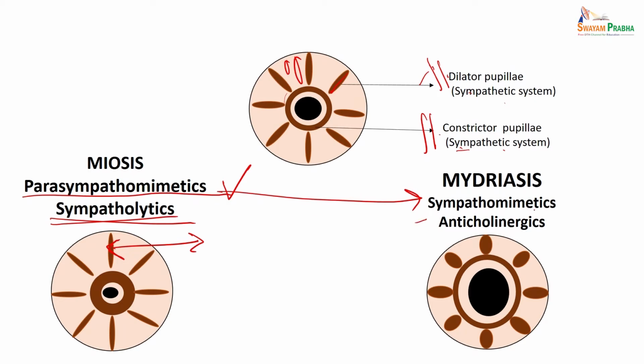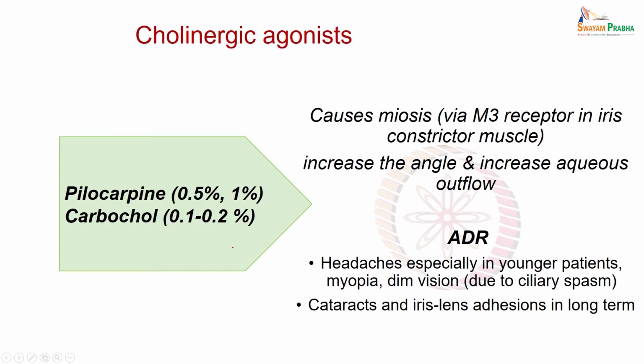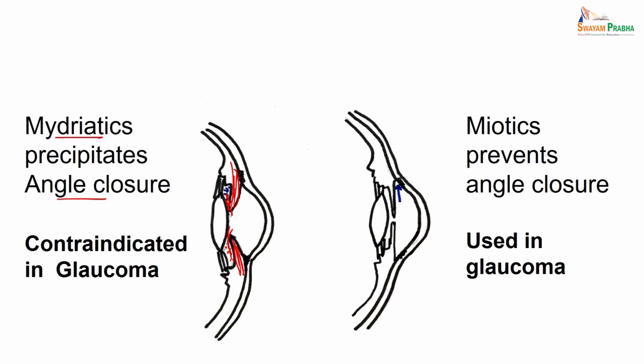The drugs which cause mydriasis, the anticholinergics, will precipitate glaucoma, and parasympathomimetics will cause meiosis and will be useful. Mydriatic agents precipitate closed angle glaucoma, because when there is mydriasis, the iris gets relaxed and crumbles, closing the angle, and there is increased pressure here, and this increase in pressure will precipitate glaucoma.